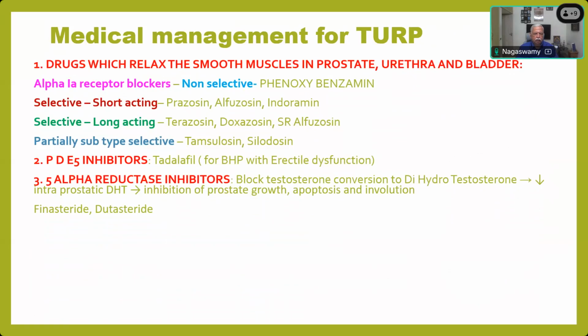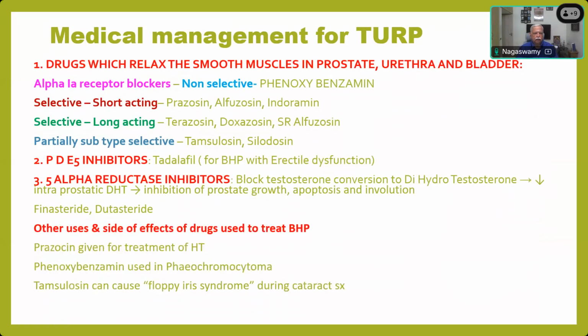And usually the combination is being given, alpha blocker and 5-alpha reductase inhibitor combinations are available. So other uses and side effects: prazosin is given for hypertension also, phenoxybenzamine is used in pheochromocytoma. Tamsulosin is the one which can cause floppy iris syndrome, and that may be troublesome during cataract surgery. Okay.